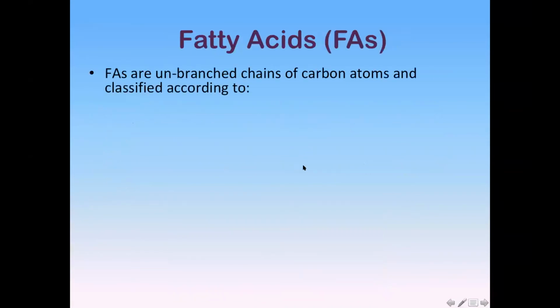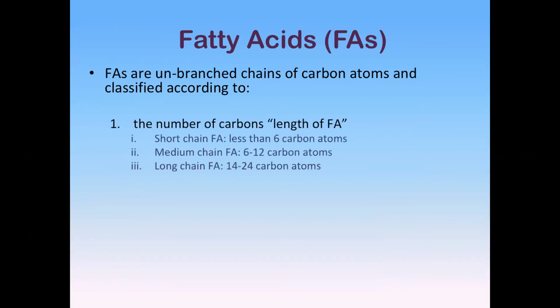What you should know also is that fatty acids are usually linear. They are unbranched chains of carbon atoms, and they are classified by the number of carbons in the chain itself.